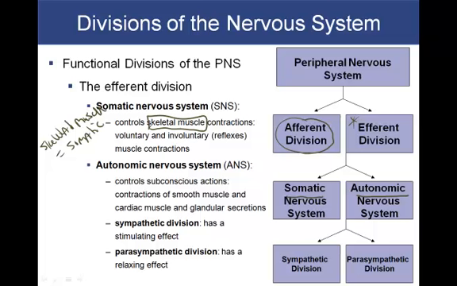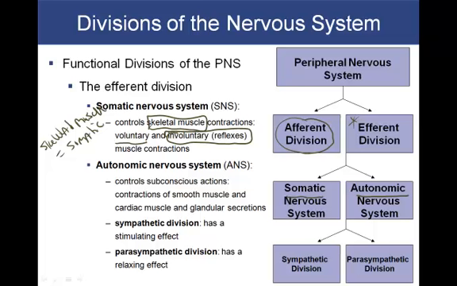These reflexes can be both voluntary and involuntary, and ultimately leads to muscle contraction. I know in the past we've talked about all skeletal muscle is voluntary. What this is referring to is the involuntary reaction due to reflexes. And again, we'll discuss reflexes in more detail in a bit.